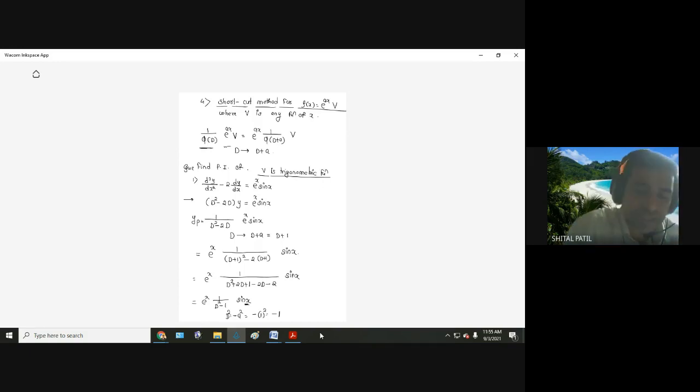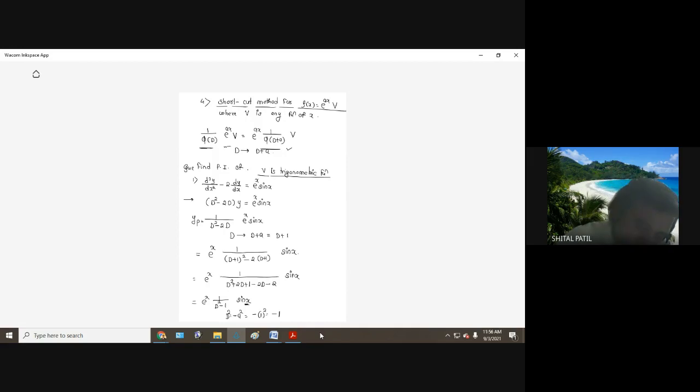Whereas on the right side, we have to operate 1 upon phi of d plus a on a single function only, v only. And then whatever answer, that is to be multiplied by e raised to x. There is a difference in both. And that is what we are doing here.